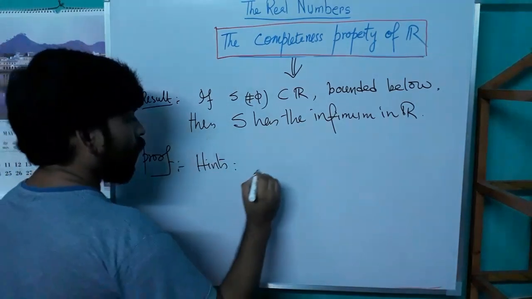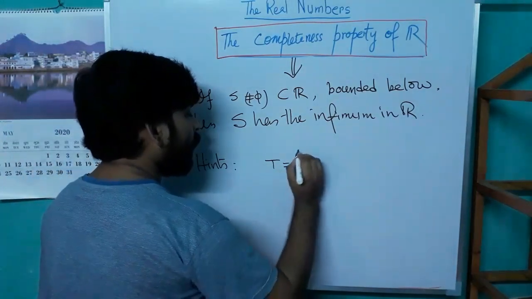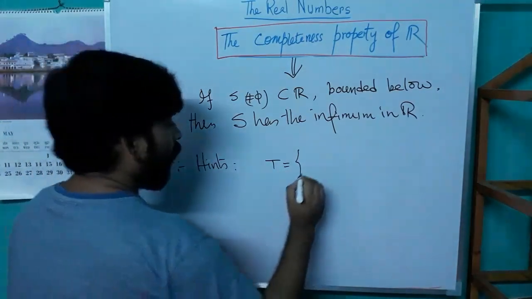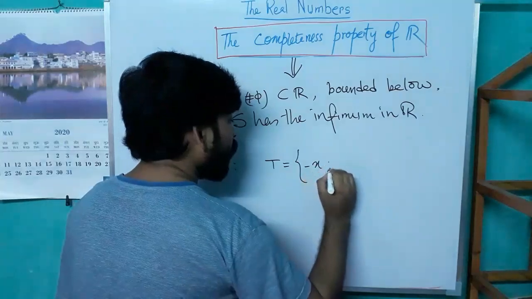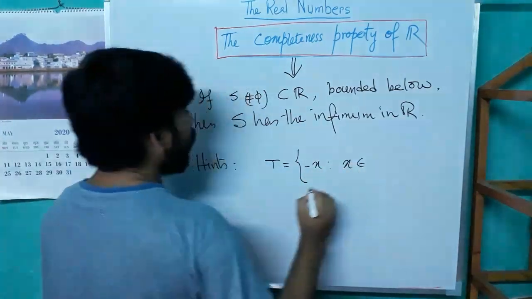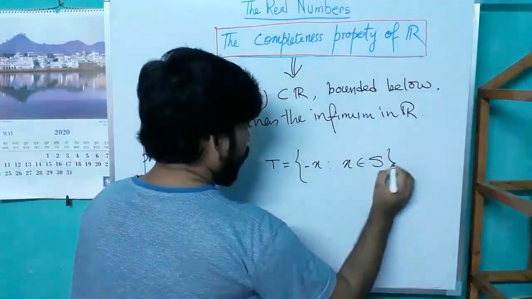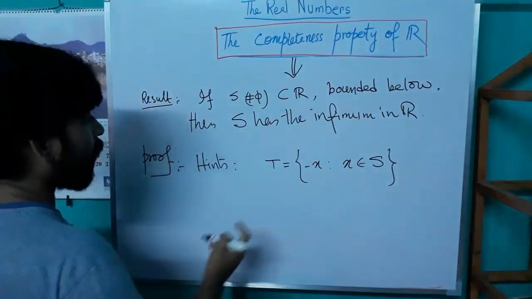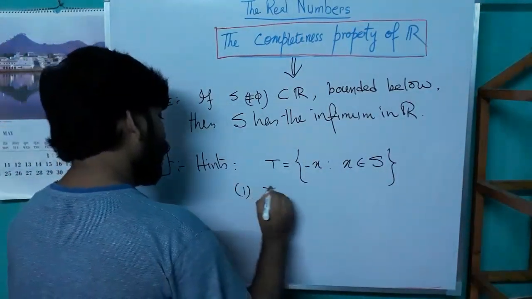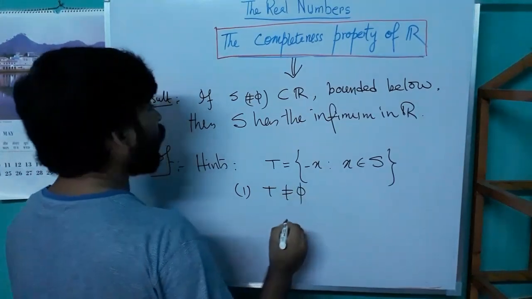So for this, let us construct a set T, the collection of all those elements whose negative is in S. Then obviously T is non-empty.